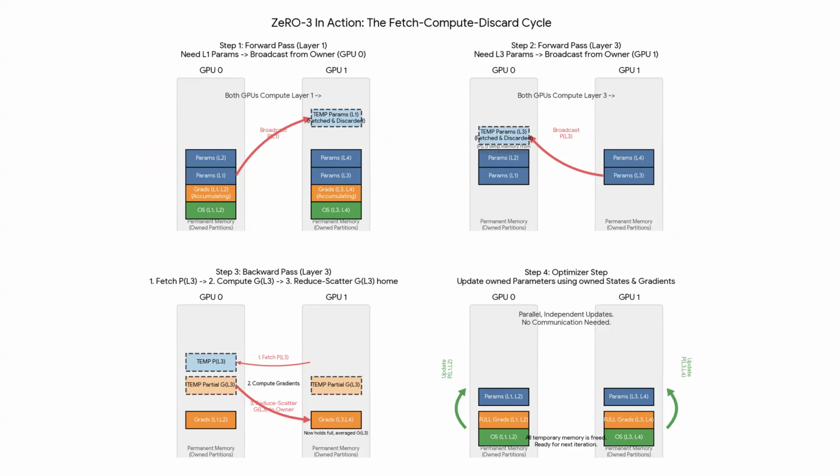Each GPU can do the computation with the weights that the other GPU sends over, and then discard the weights. At peak times, we would have increased memory consumption because we need to get those weights, but our baseline is going to be lower. We need to reserve some memory for the baseline, for the parameters that we own, and also some memory for the temporary parameters when we need to do any kind of computation.